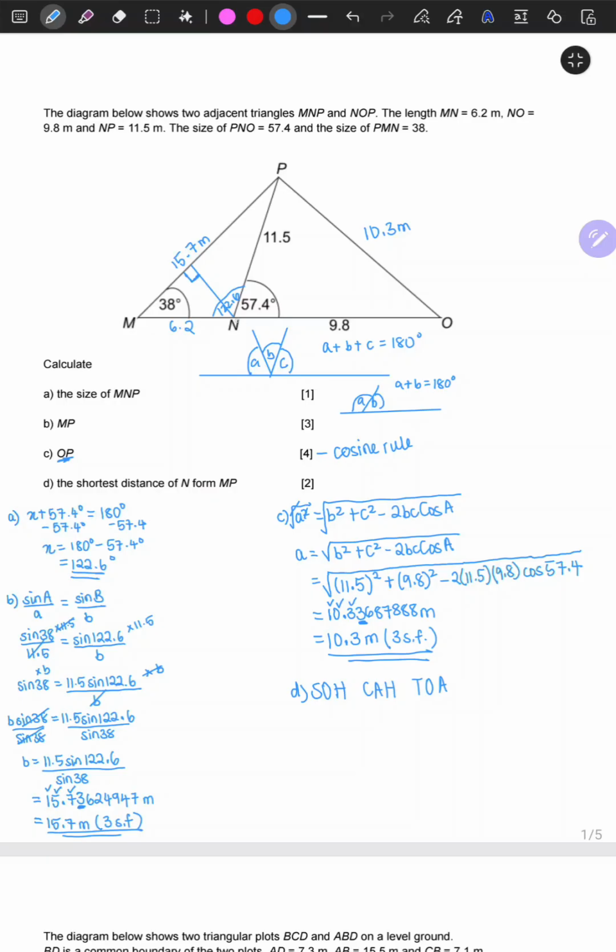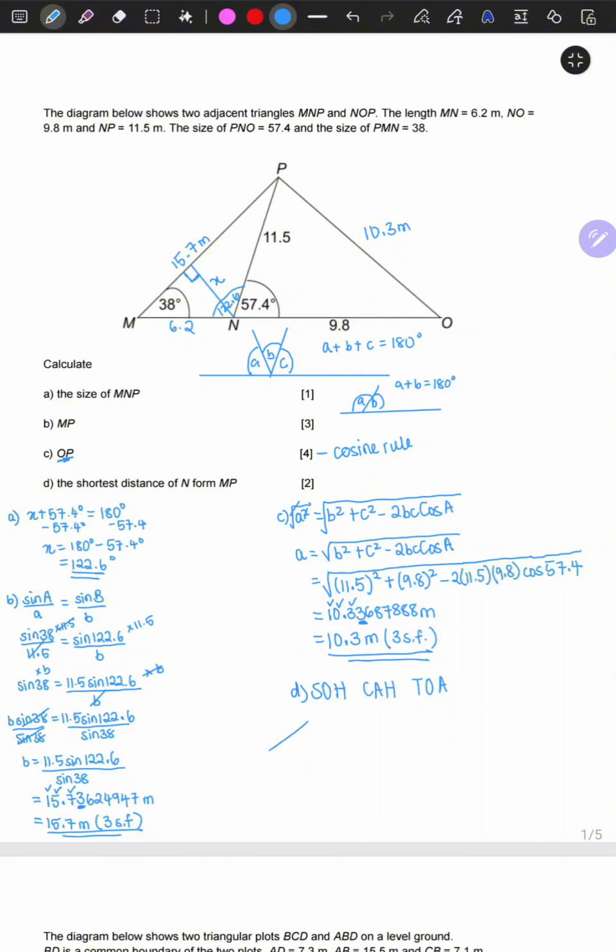So we need to determine which values we have. So what we're going to do, we want this distance. So I don't know if I should label it X. I think I'll label it X, yeah. Let me just pull that triangle out from that.